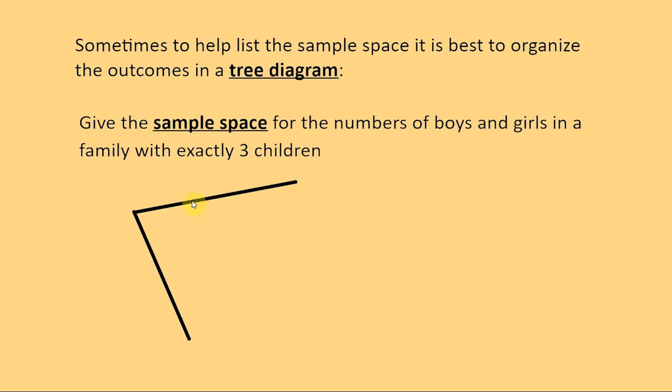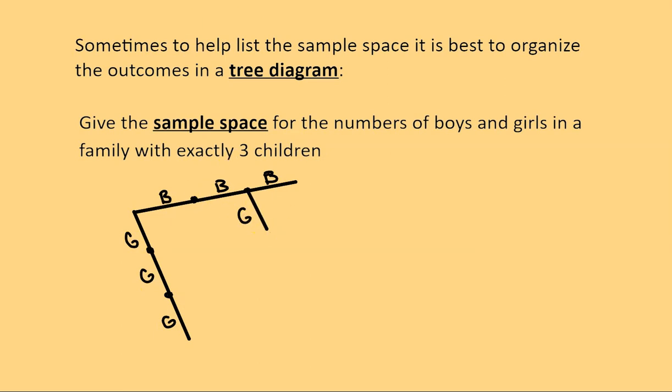And we could divide this into 3 sections and say if we have 3 children, we could have all 3 boys. Or we could have all 3 girls. Or we could have 2 boys and 1 girl. So that's 2 boys and a girl.